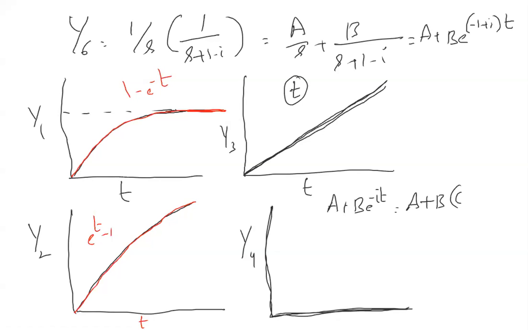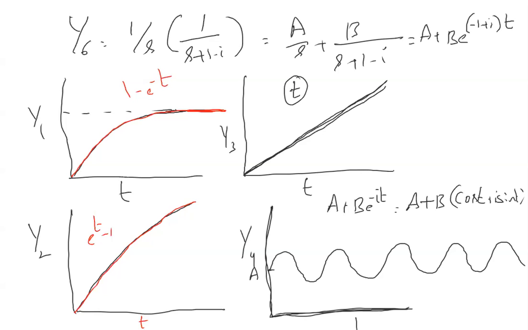Cos theta plus i sin theta. So if you see, it starts somewhere from A and then the amplitude of the oscillation is B. That is how y4 is a function of t. Just understand this function because this is how you define the stability. Take time.